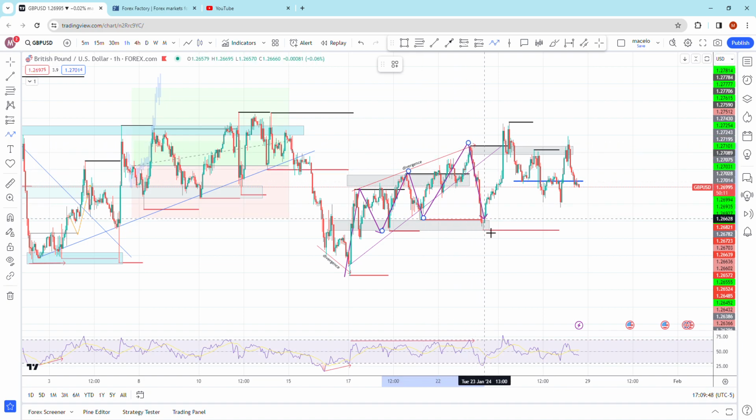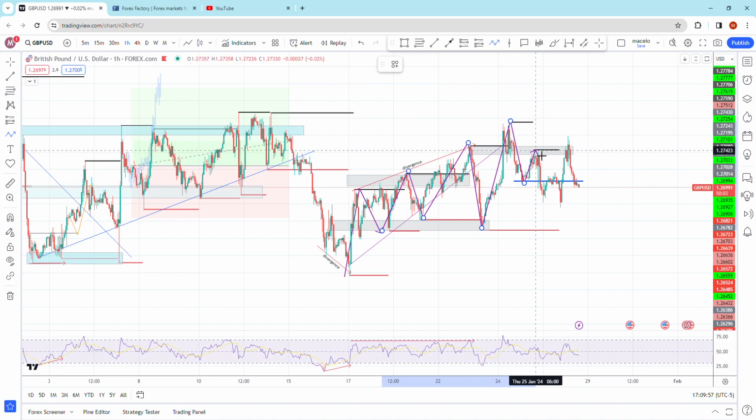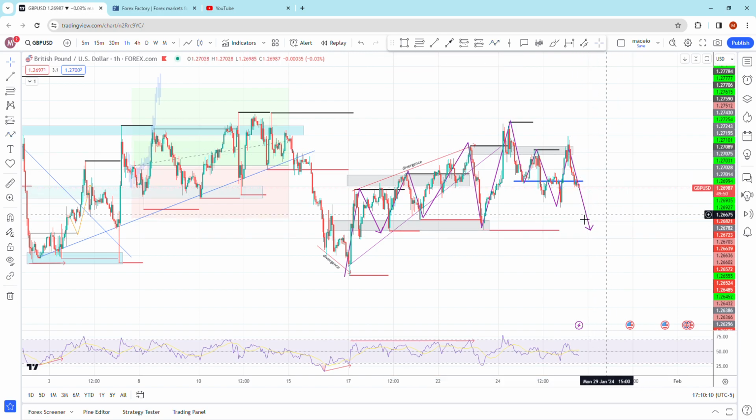We made an equal low here, and we made a new high up here. But now it looks like we're starting to try to make new lows. We had this high, then this low, and we have this equal high at the moment. So we could potentially get a new low at this area.